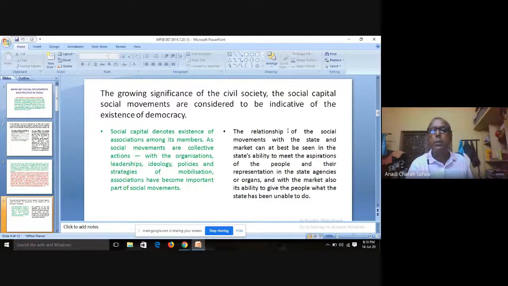The relationship of the social movements with the state and market can at best be seen in the state's ability to meet the aspirations of the people and their representation in the state agencies or organs, and with the market also its ability to give the people what the state has been unable to do.